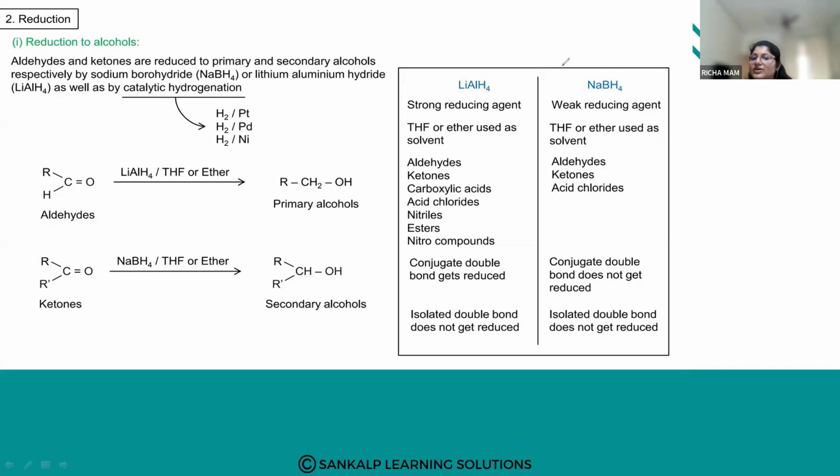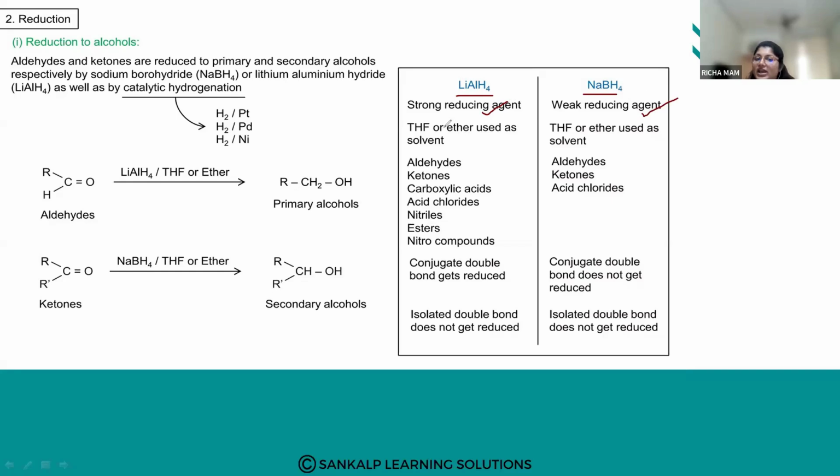So here is lithium aluminum hydride, which is a strong reducing agent, and we have also used sodium borohydride. So these are the two reducing agents. Amongst these, lithium aluminum hydride is a strong reducing agent, and sodium borohydride is a weak reducing agent.